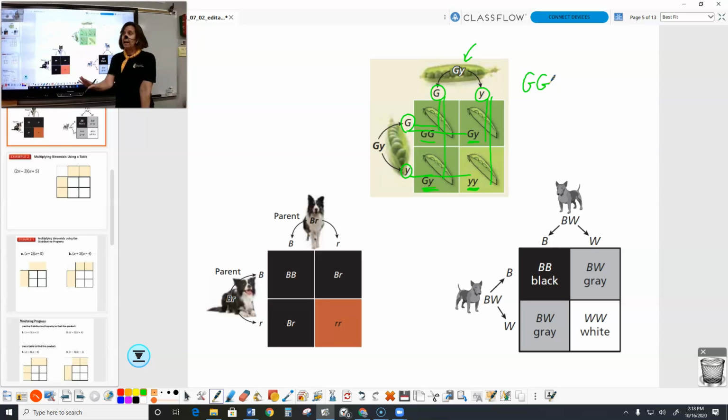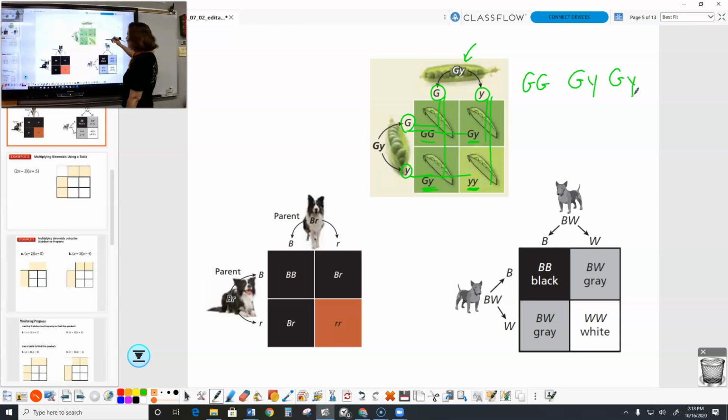And so what ended up happening is we end up with one pea plant that is only going to be green, and it will only have green offspring. We have another one that was Gy, and another one that was Gy, and these ones look green, but they could reproduce yellow offspring.